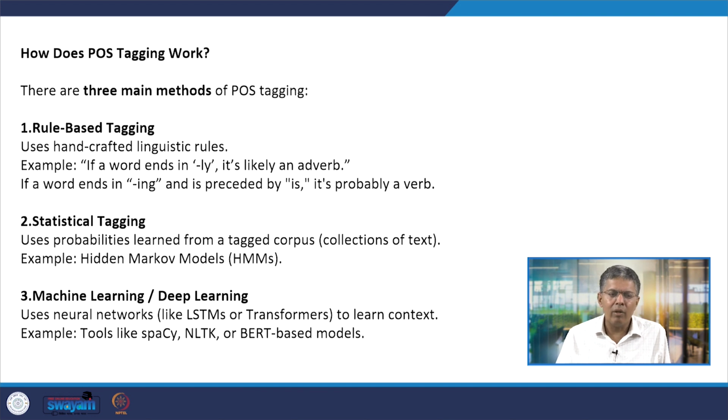Somebody might be criticizing you, or the word might be meaning one thing, but in a different context the word's meaning might change. All these things machine learning or deep learning methods will understand, and models like spaCy, NLTK, natural language toolkits, or BERT based models are used for this kind of tagging purpose.